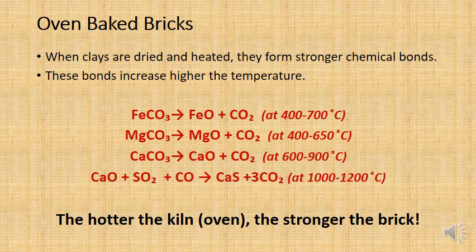That's why we can take mud, which has very low strength, off the banks of a river, and then we can make it into a brick which might have 20, 30, 40 megapascals of compressive strength. How did we do that? Well, we basically put it under high temperatures.